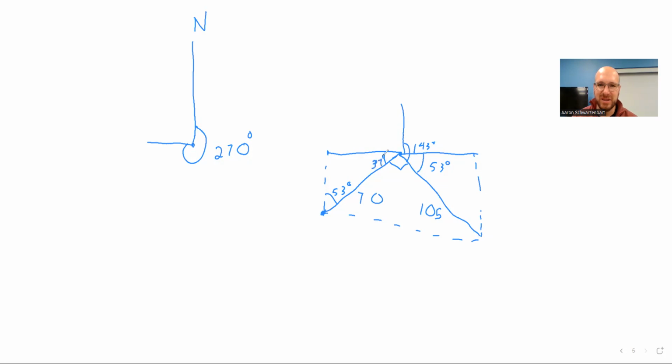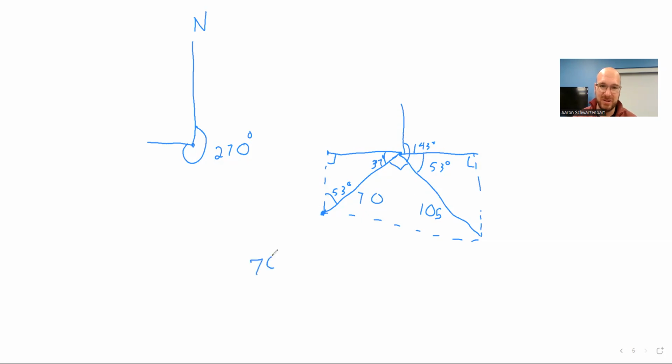Because the two angles, 53 and 37, add to 90, and this other angle is 90. Otherwise, we would have had to do this like we did vector addition at the beginning of the year, or there's an application coming in the next chapter called the law of sines and cosines that would have allowed us to do this. But here we've got a right triangle.